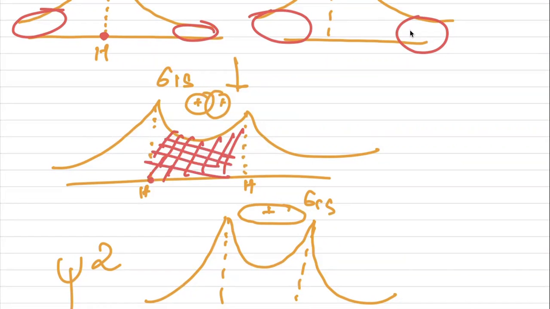That means what? In molecular orbital theory, electrons want to remain in between the nuclei. The probability of finding electrons will be more between the hydrogen atoms.